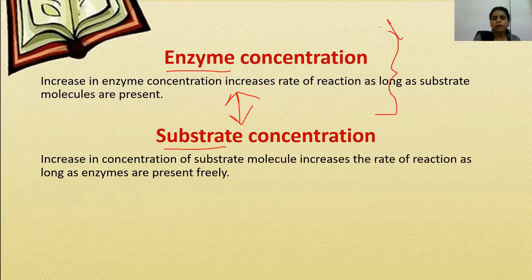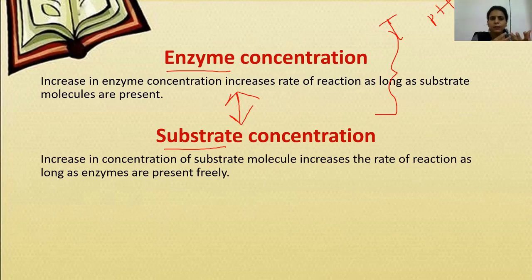For example, if you have taken optimum temperature and optimum pH, then at optimum temperature and optimum pH, if the concentration of enzyme and substrate molecule increases, the rate of reaction will also increase. But if you are only increasing the enzyme concentration and the substrate concentration remains the same, what will happen?